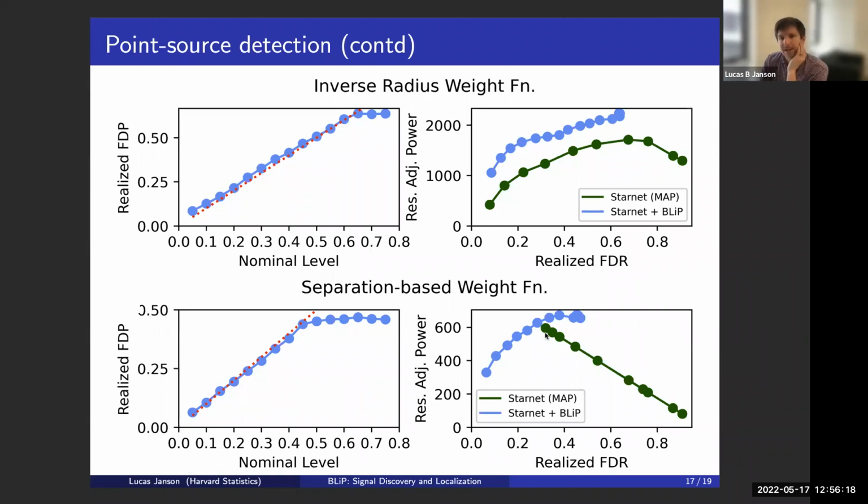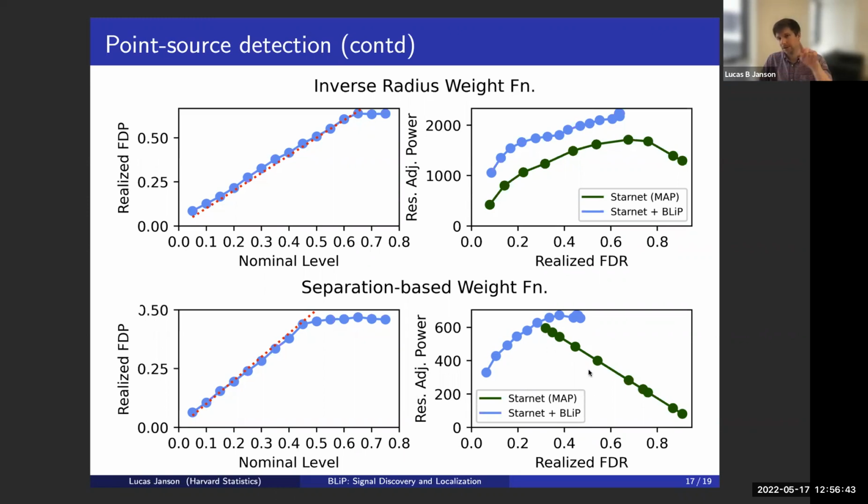So there's a reason that the green points all lie on a line. There's basically a sort of linear equation that it has to satisfy. But some things to notice are that the green curve actually never goes below about 30% realized false discovery rate. So if you're using StarNet, you can never get the false discovery rate in this problem below about 30%, whereas the blue curve can go quite low.